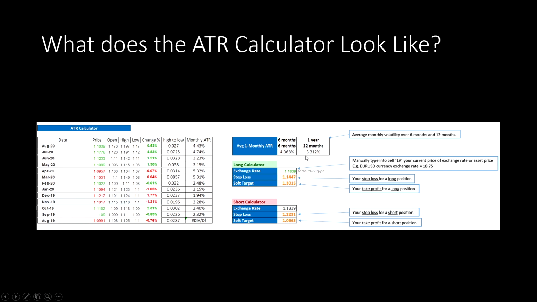Based on that 3.3%, we can then set a soft target and a stop loss based on that percentage. Because what that percentage is saying is roughly how much, on a monthly basis, this exchange rate is moving. It's the exact same thing for the short calculator down here. So this calculator is super useful, and let's jump straight into it now.